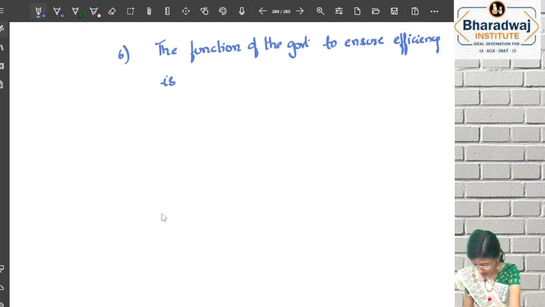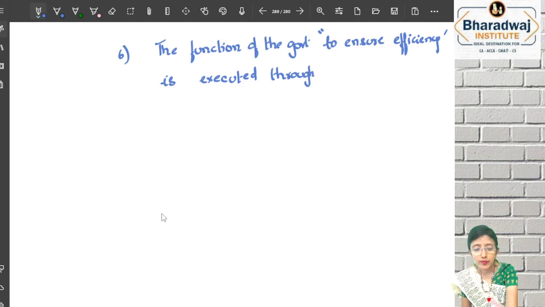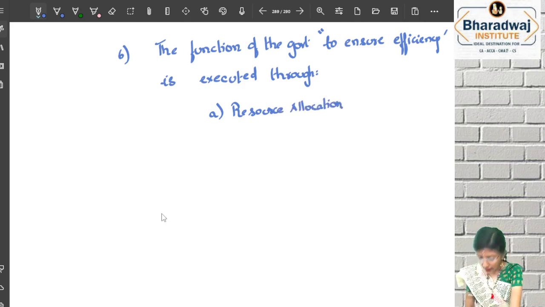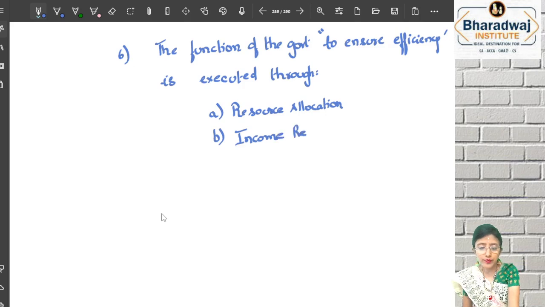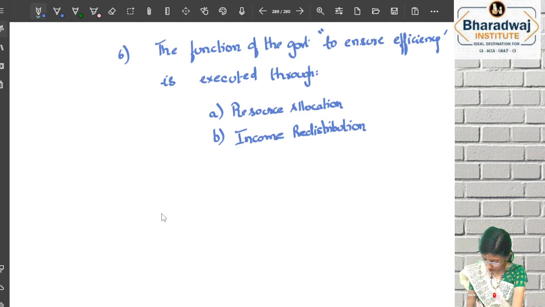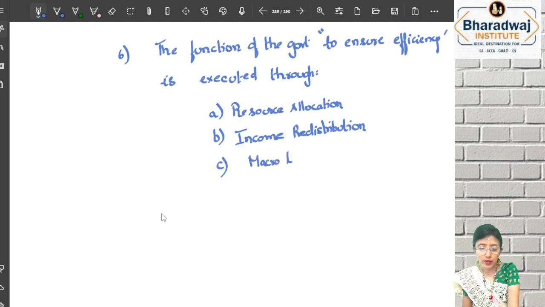To ensure efficiency is executed through, see, resource allocation, income redistribution, macroeconomic stabilization.